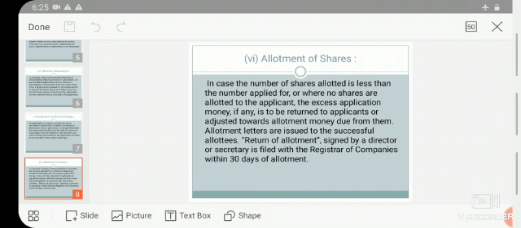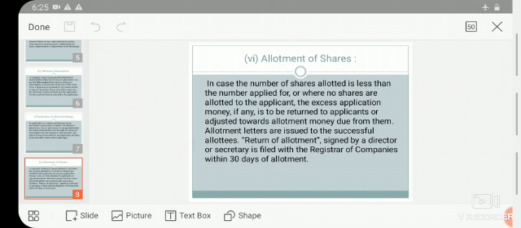But in this case the applications received are more than the requirement. 10,000 shares, 11,000 applications, means 1,000 applications' money is received in excess, and whatever excess application money was received by the company has to be refunded to those 1,000 application holders.